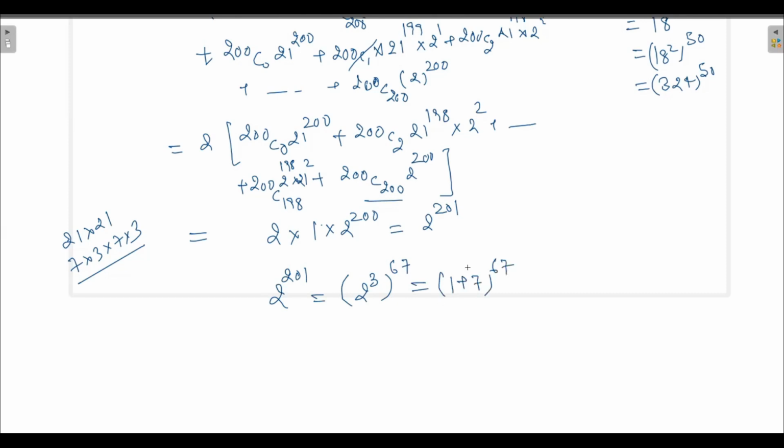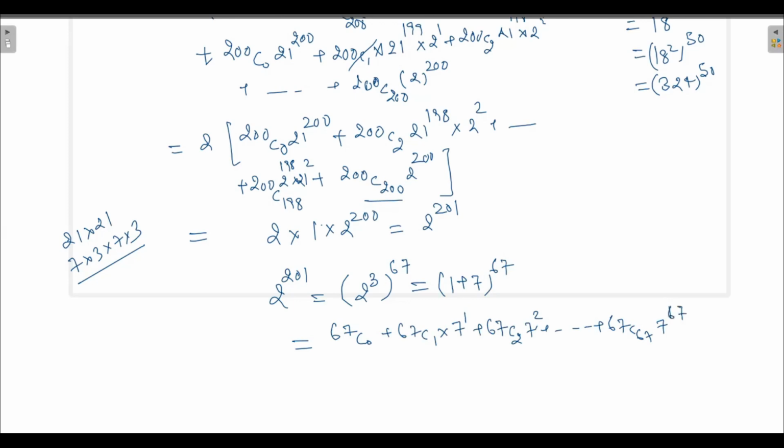Now, in the same way with binomial expansion, this is 67C0 plus 67C1 into 7 raised to the power 1 plus 67C2, 7 raised to the power 2, and then I keep going, and then 67C67, 7 raised to the power 67. Why 49? It has to be 67 itself.